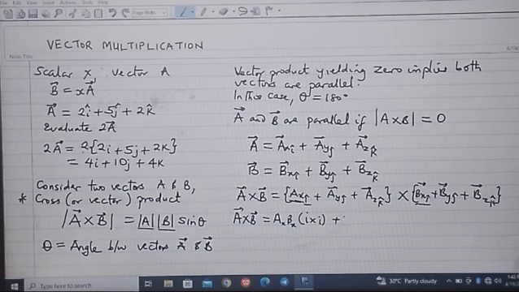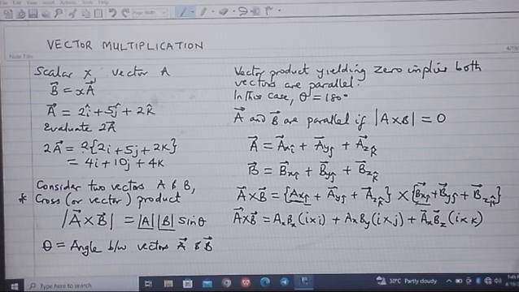So we have AXBY, their unit vectors are respectively i and j, so we say i cross j, plus AXBZ. The unit vectors are respectively i and k, so we say i cross k.